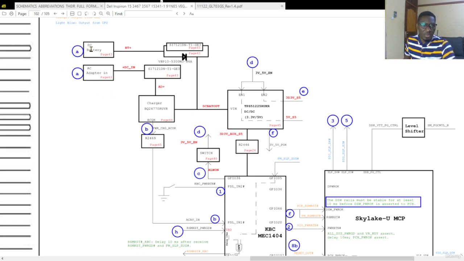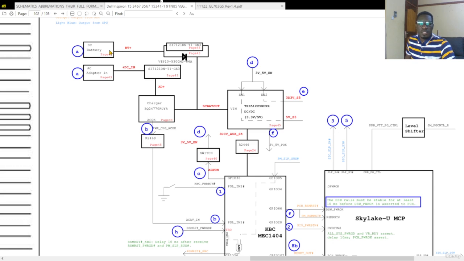Here at letter A, we have what we call DC battery, and this box shows you where you can find it, on page 43. Still at letter A, we have the AC adapter. So this one represents the battery and this one represents the adapter.